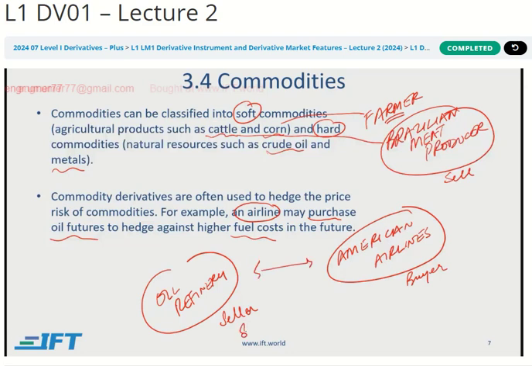So they will go short on this contract, and here American Airlines will go long. Think of a gold mine and a jewelry producer. The gold mine would like to go short and the jewelry producer would like to go long. So producers and buyers of commodities use derivatives to hedge their price risk of the commodities.